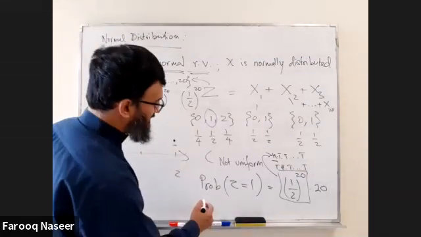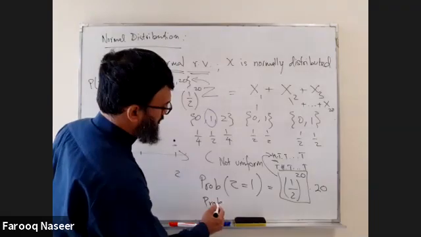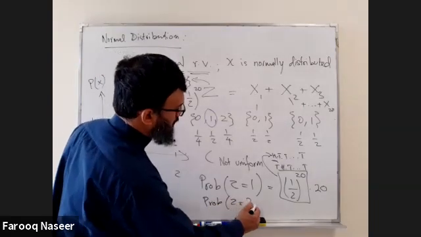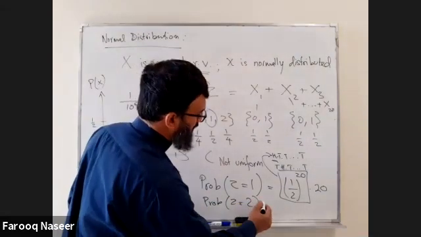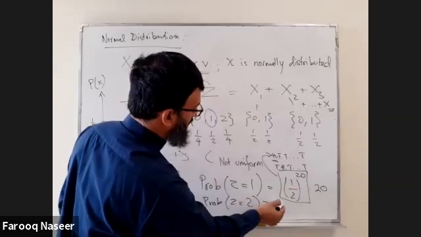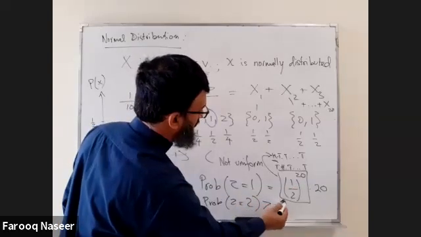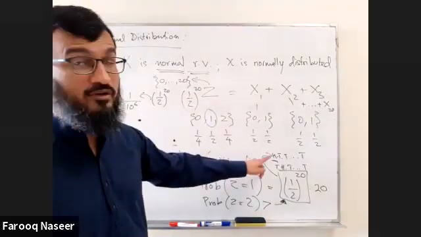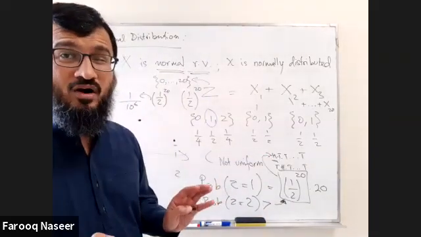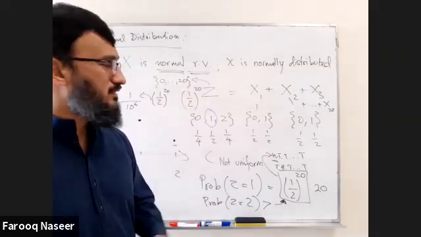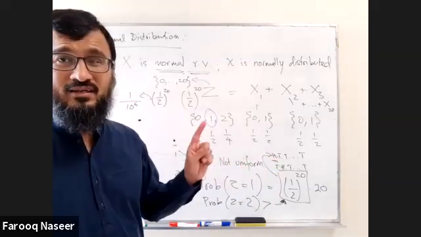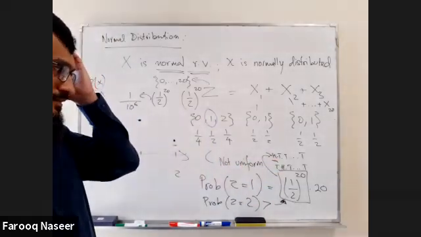What is the probability that z equals 2? You will notice that that probability will be greater than this probability. Why? Because there are more ways of getting two heads on 20 throws than there are ways of getting a single head, right?